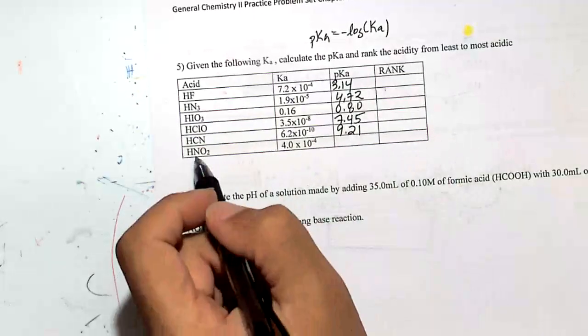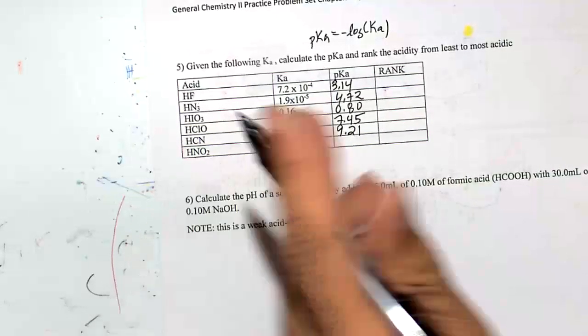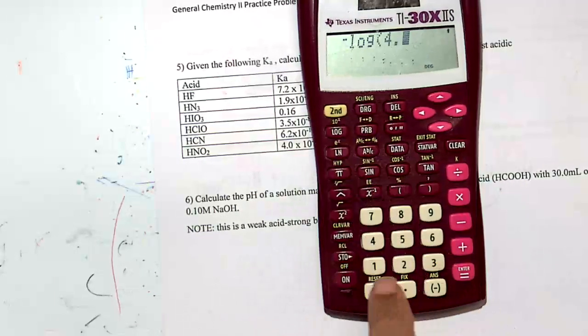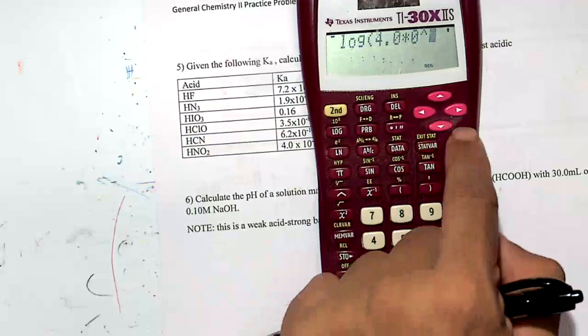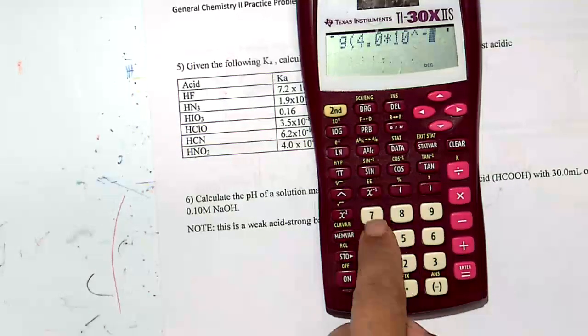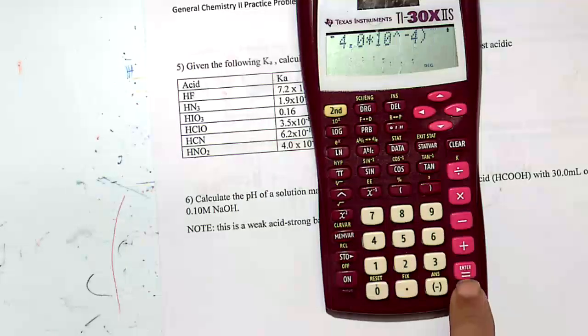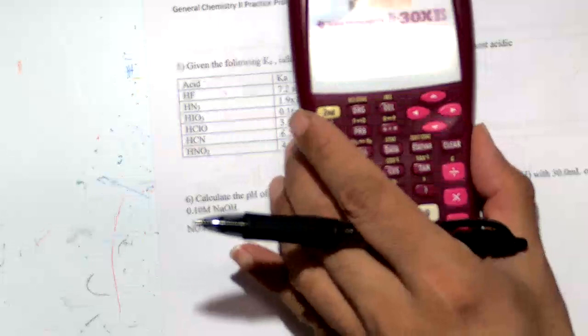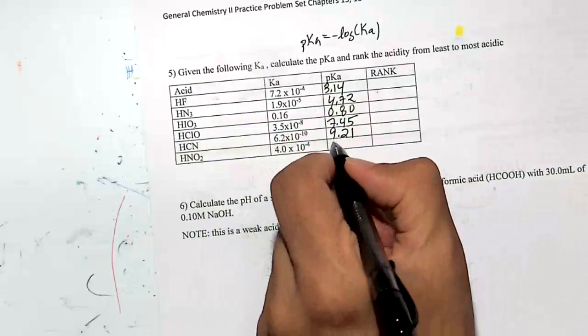Okay, and then finally, HNO2, nitrous acid, is 4.0 times 10 to the minus 4. 3.40. 3.39, 3.40.